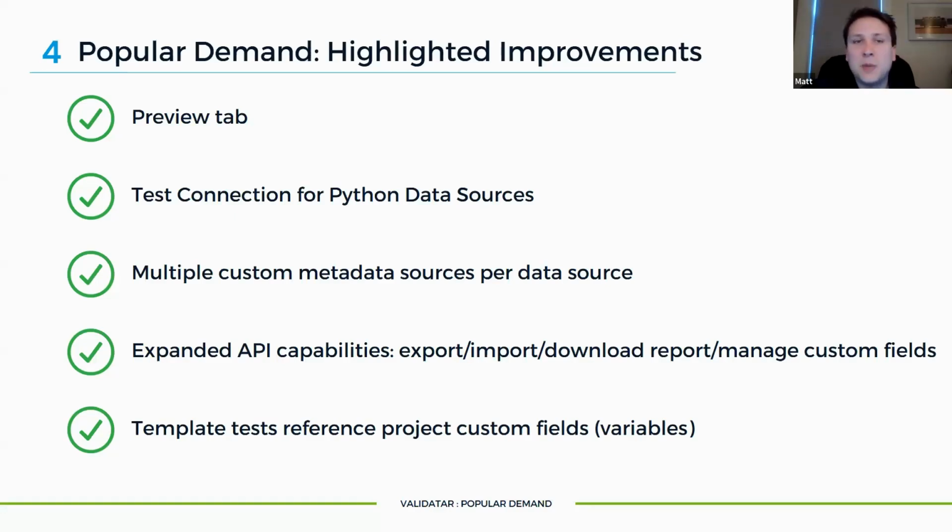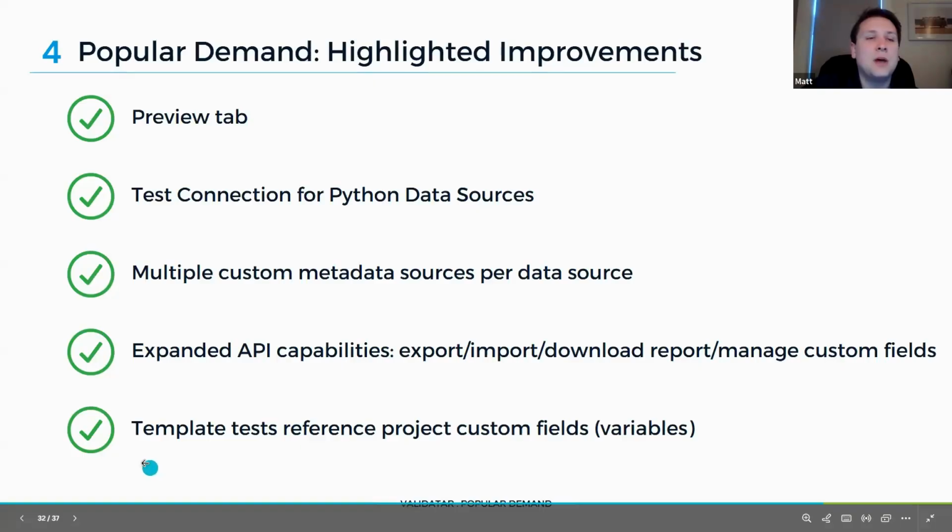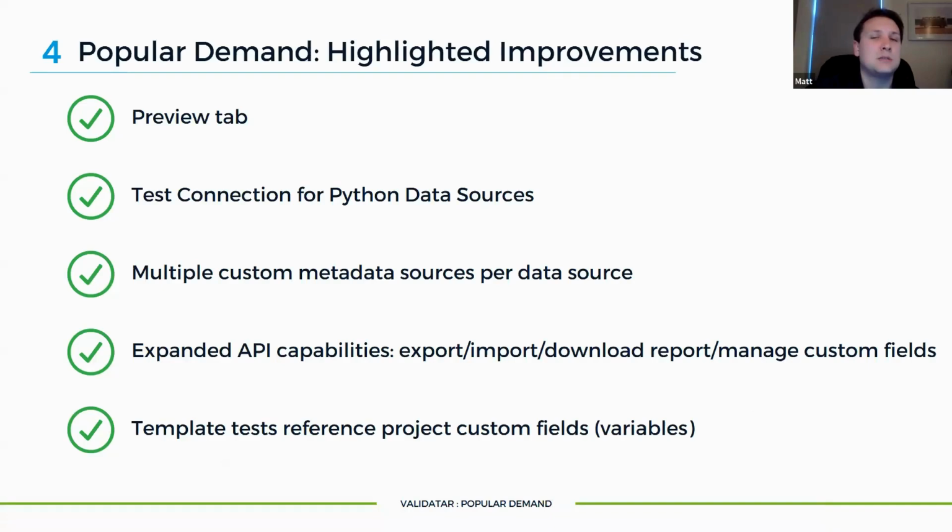We've expanded a bunch of API capabilities. We're going to allow you to do export and import via the API. You can now download reports and schedule those via the API, and you can do all sorts of management of custom fields. The final one that has been highly requested is the ability to use global project level custom fields as variables in template tests.